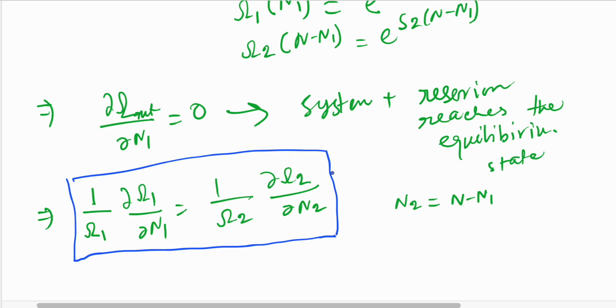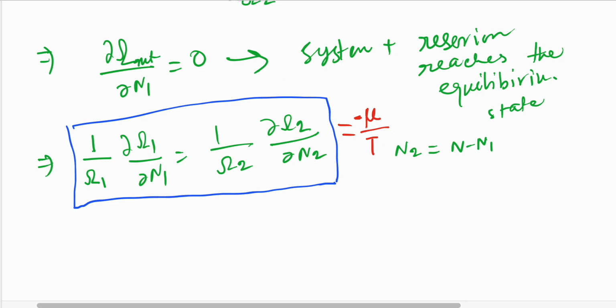So this should be a constant, and the value of this constant is minus mu by t. This is merely a convention: minus mu by t.